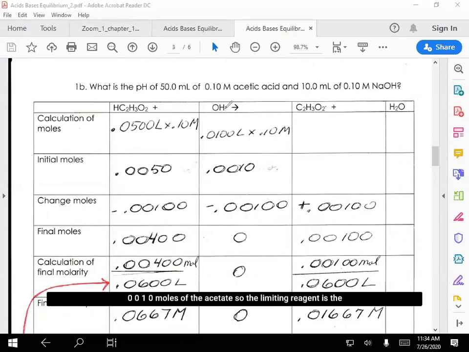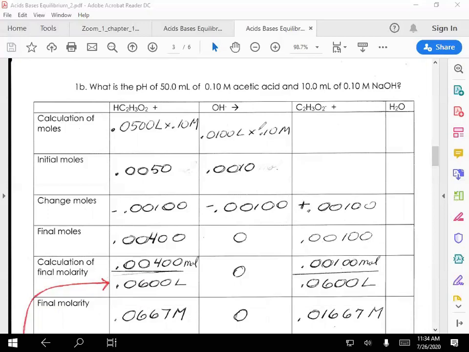So the limiting reagent is the hydroxide. That's how we get 0 for the hydroxide. When we subtract the limiting reagent from our acetic acid, that's how we get the moles of acetic acid. And then we're gaining product, so that's how we get the moles of our acetate.